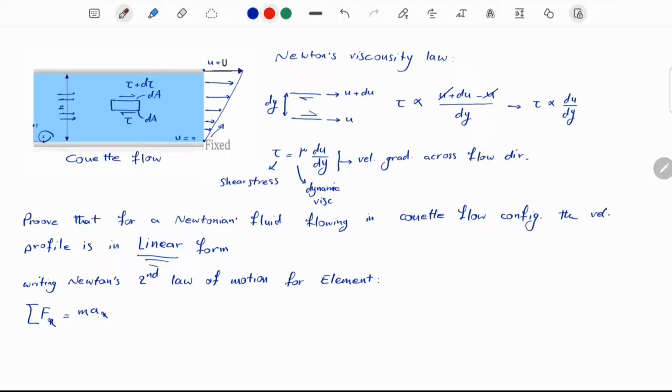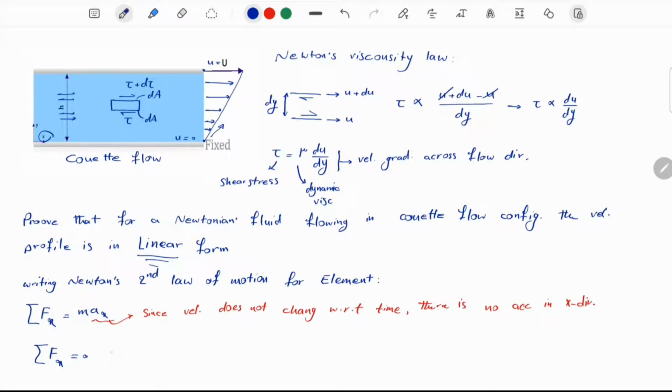But in x direction, the acceleration is 0. Why? Since velocity does not change with respect to time, there is no acceleration in x direction. Okay? So, as a result, sum of forces in x direction equals 0.